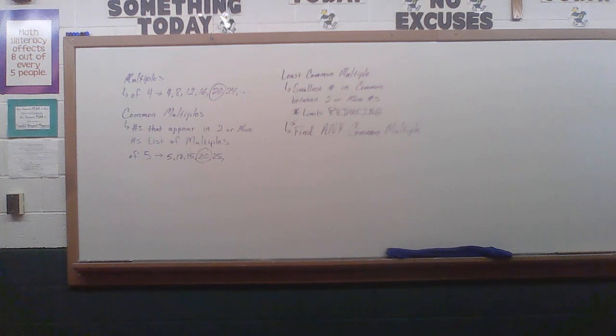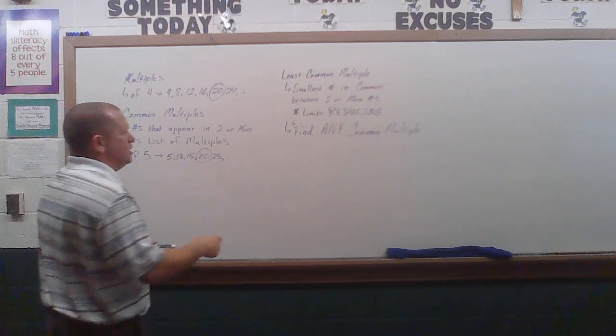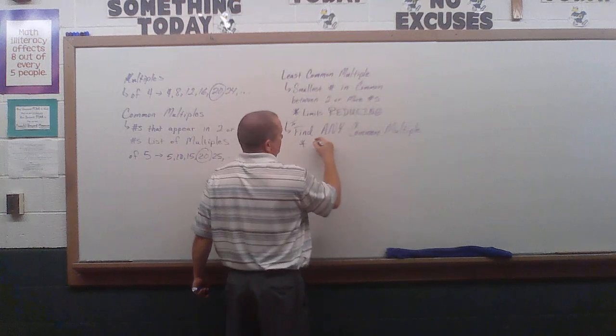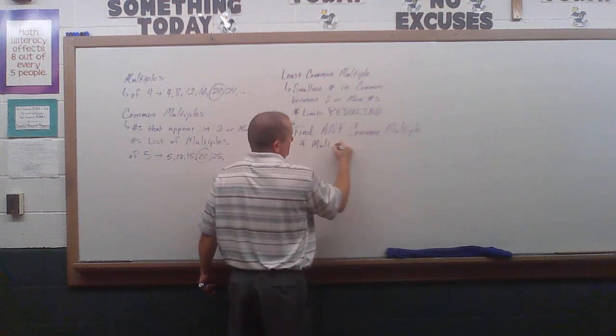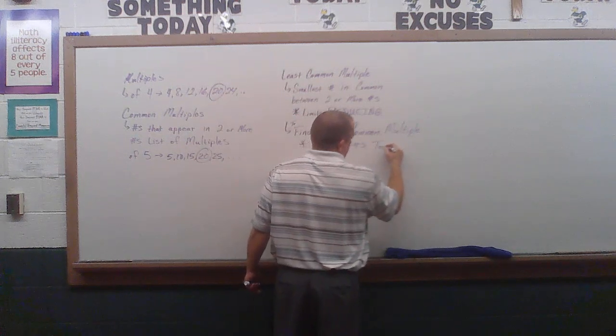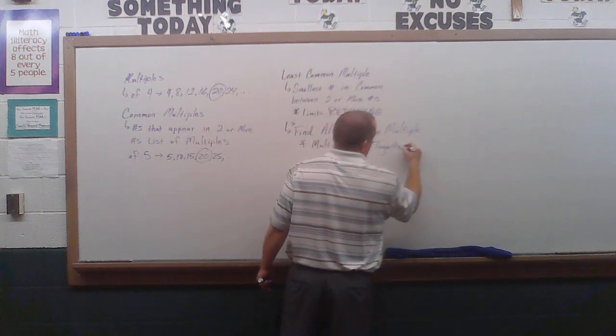It might not be the smallest one, but it's definitely a multiple that's in both. Multiply the two numbers together. Exactly right. So to find any common multiple, the easiest way to do this is to multiply the numbers together. Now, why wouldn't we want to necessarily do this all the time?